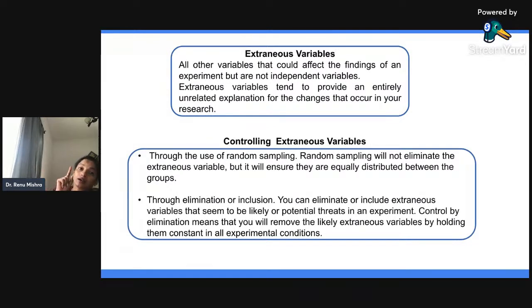They impact both. However, extraneous variables have an influence on your dependent variable. Confounding variables have an influence on both your dependent and independent variables.